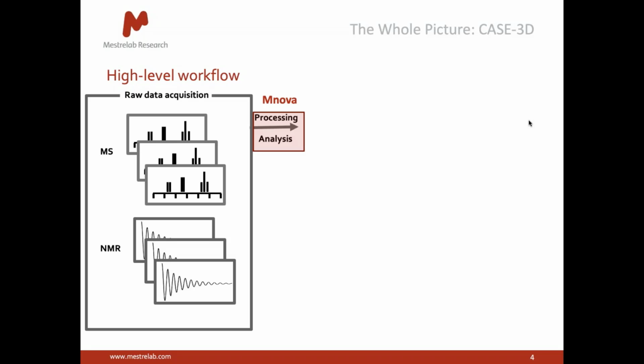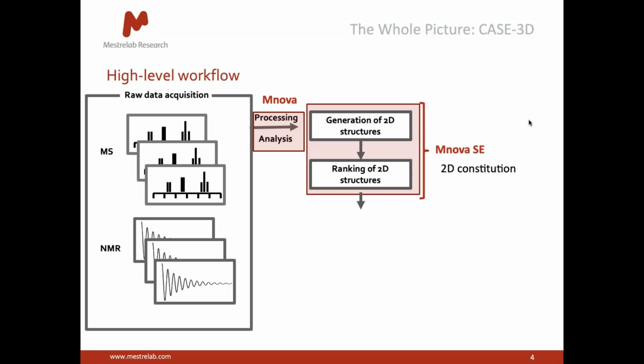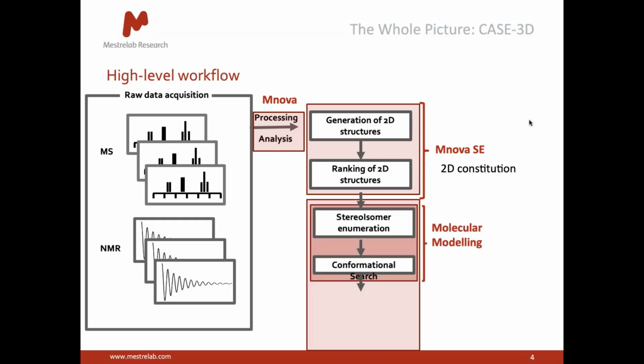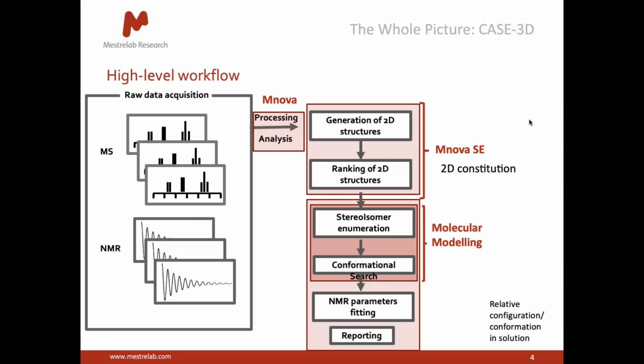Mnova has many tools that allow the chemist to extract meaningful correlations in their data that all come together in Mnova structure elucidation to select the most probable 2D structure. From there, and prior to Mnova StereoFitter, this structure would be handed off to someone in the team that had access to 3D conversion and molecular minimization software. Now, what you can see is that Mnova StereoFitter completes the 3D structure search using NMR constraints as experimental evidence, but all within the Mnova platform.